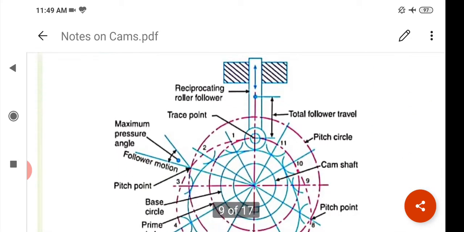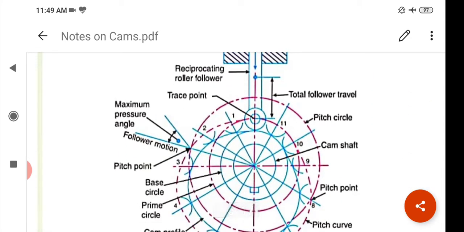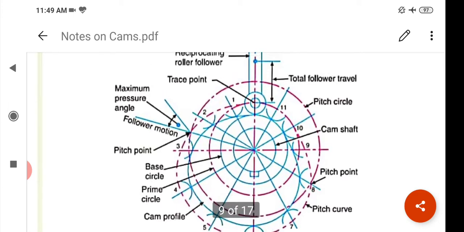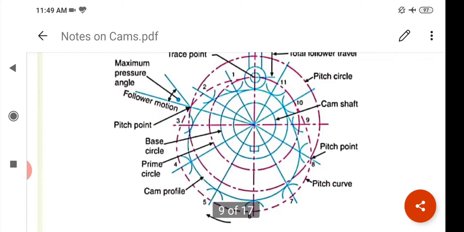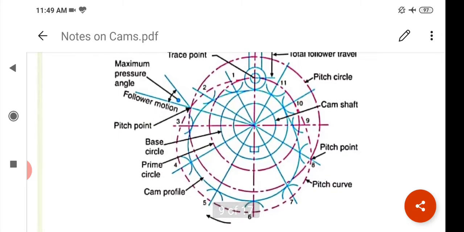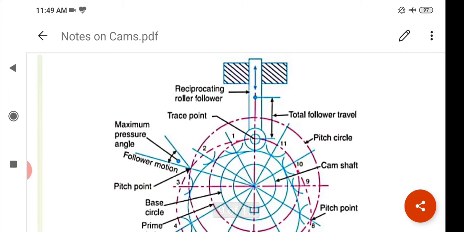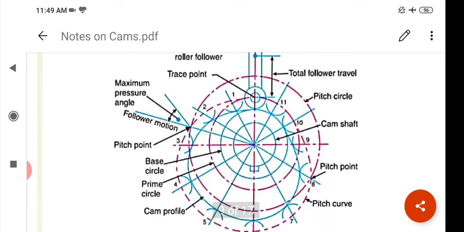Now in this diagram we have the roller follower, and if you see the pitch curve, it will be offset or parallel to your cam profile because the center of the follower is the trace point. But in case of the knife edge follower, the end point or the edge of the knife acts as the trace point, and your cam profile and the pitch curve will coincide.